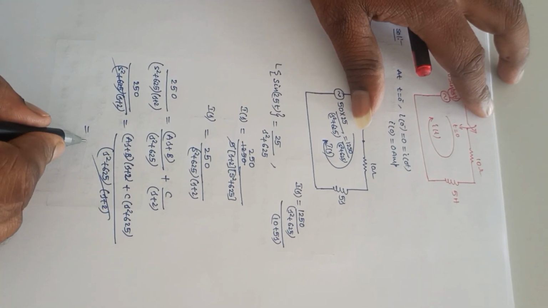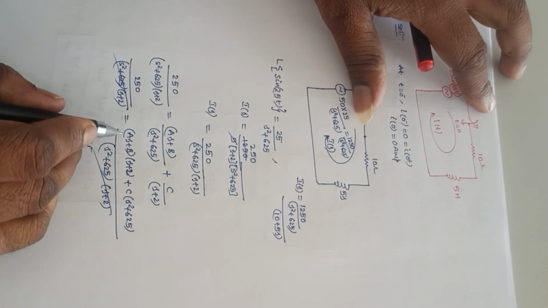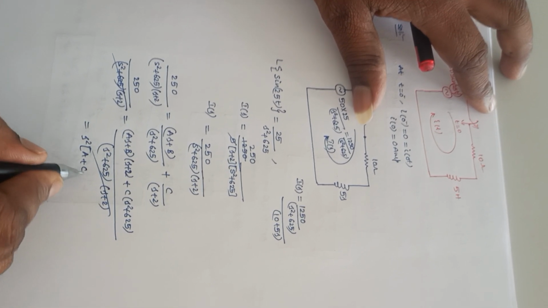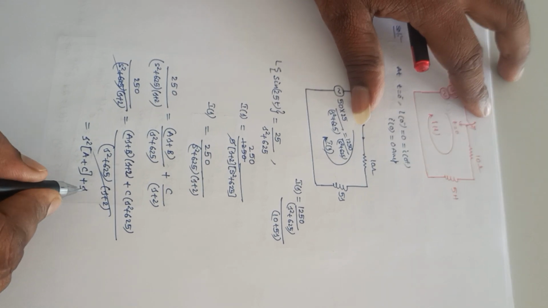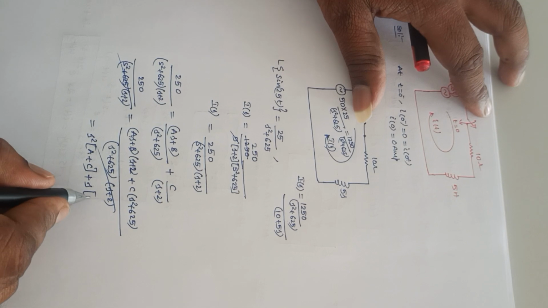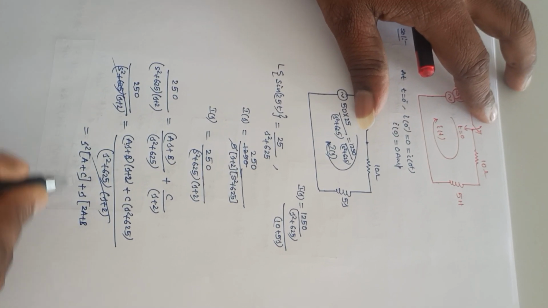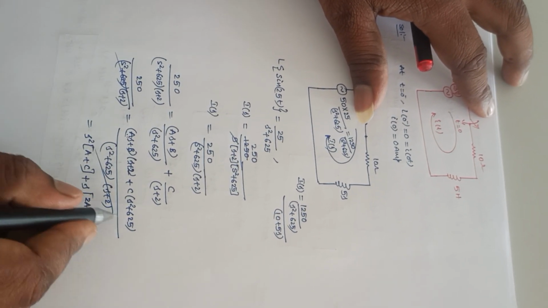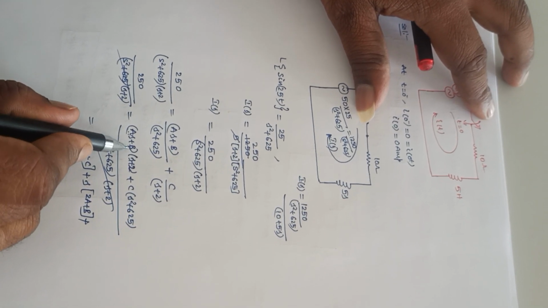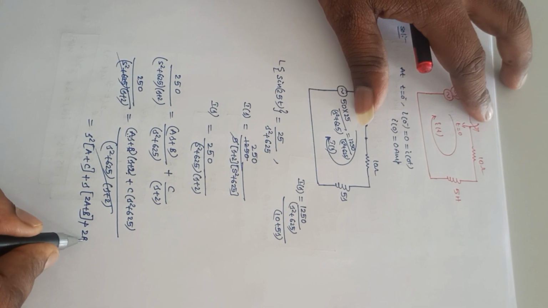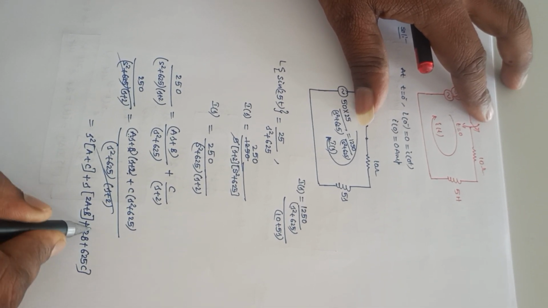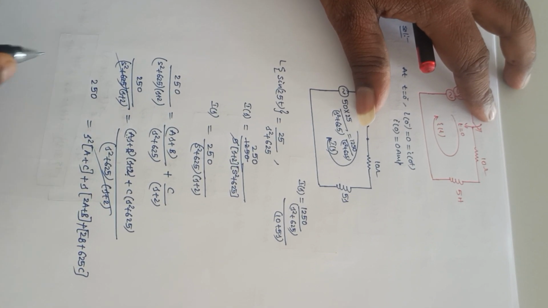So write down the s square terms here. S square coefficient is a plus c, plus s coefficients: it is 2a plus b, and here there is no s coefficient, plus constant term 2b plus 625c, that is equal to 250.